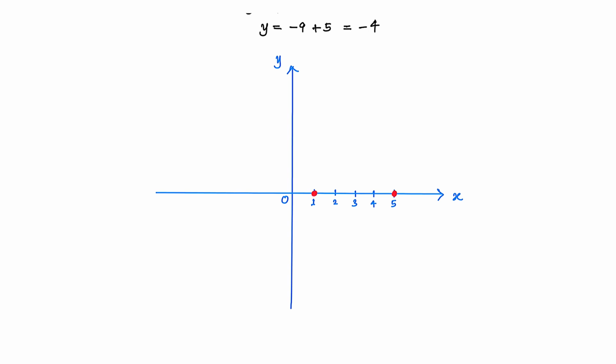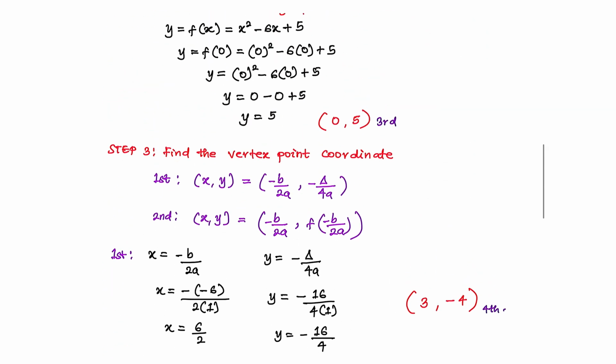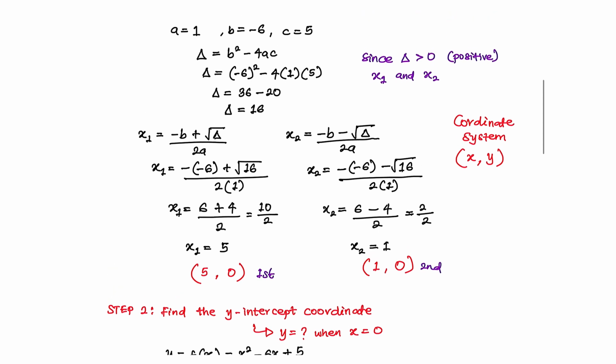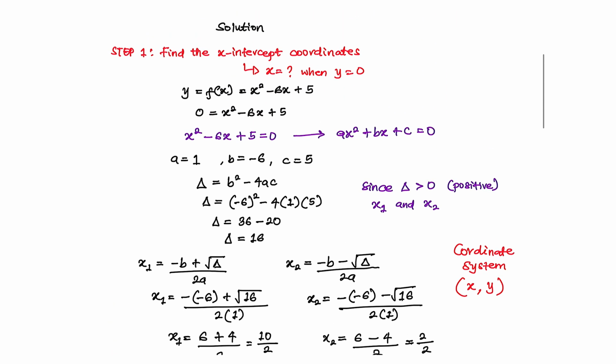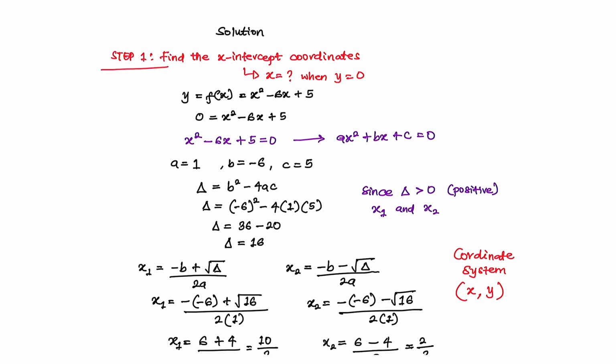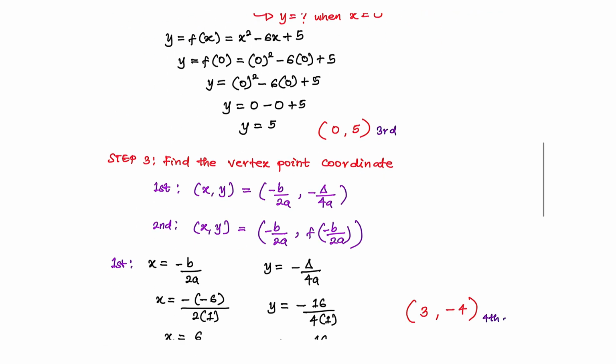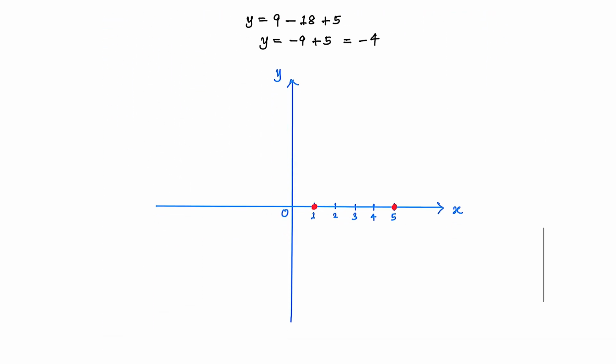If you are confused on how we got these coordinate points, remember that the first and second coordinate points are from the calculation of step 1, which is the x-intercept. X-intercept simply means at what point does the graph or the line cut the x-axis.